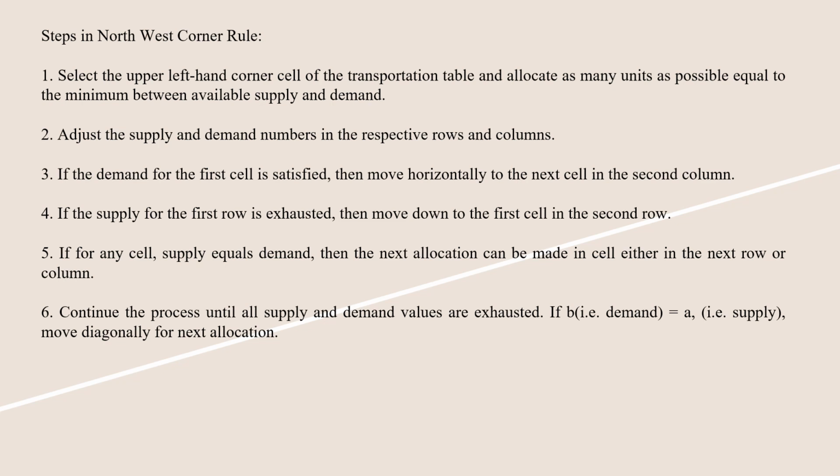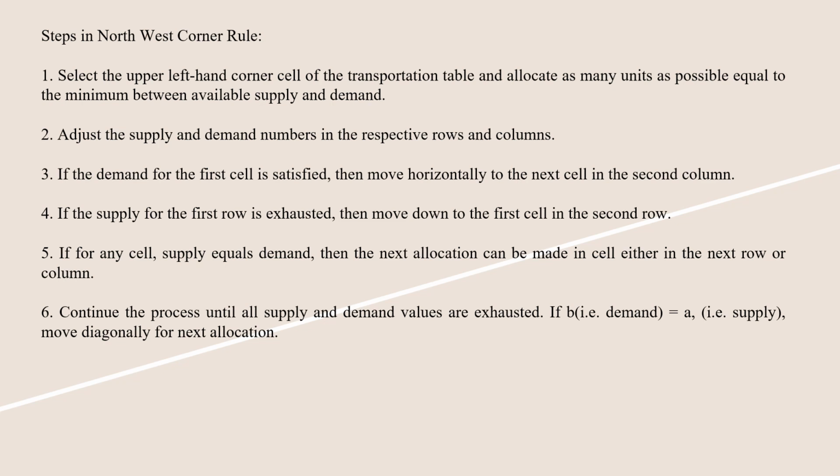First step is we have to select the upper left hand corner cell of the transportation table and allocate as many units as possible, equal to the minimum between available supply and demand. Adjust the supply and demand numbers in the respective rows and columns.